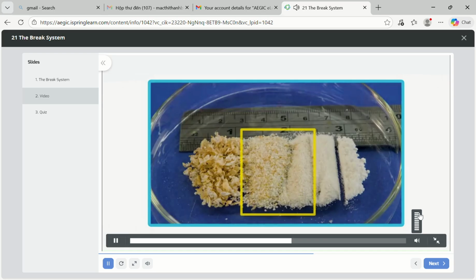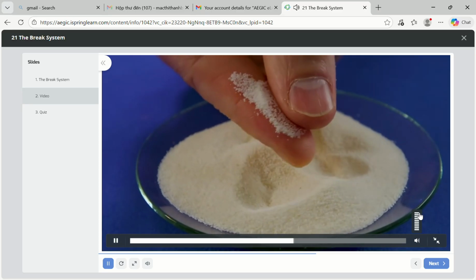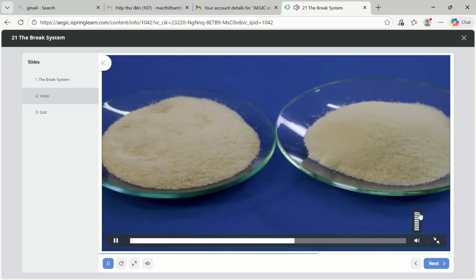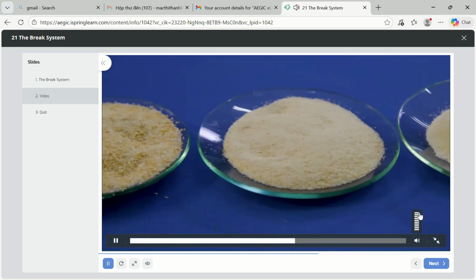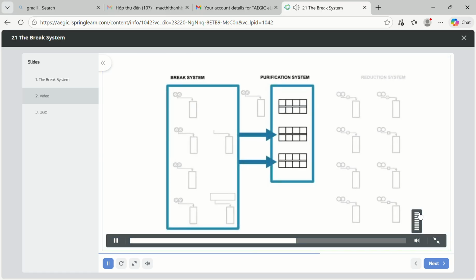The next size up from dunst is known as middlings, or semolina. Semolina can have a range of particle sizes. Semolina is segregated into various size classes and sent to specific purifiers that deal with those sizes.